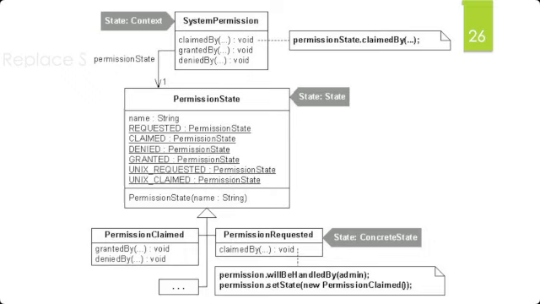And in our example situation, we can change our code with such a hierarchy, where we create special concrete states for every state that we need, and when we want to run this behavior, we just run state.claimedBy, for example.